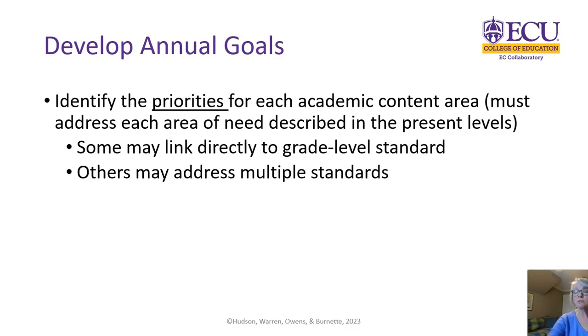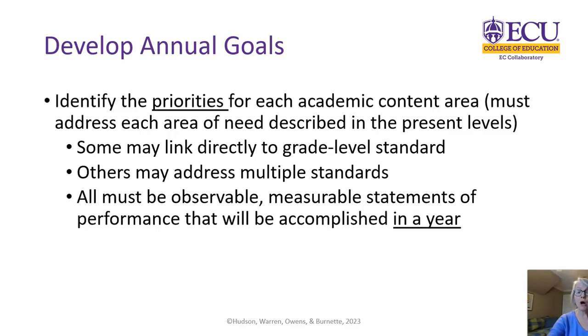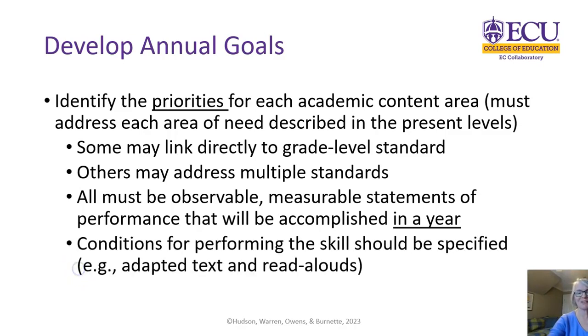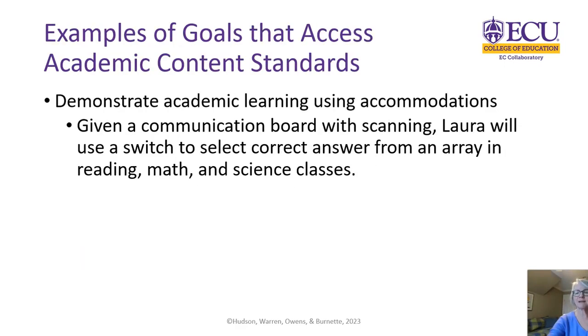Others may address multiple standards. All of your annual goals must be observable and measurable statements of performance that can be accomplished in a year. All right, and then the conditions for performing the skill should also be specified, such as adapted text or read-alouds if they are needed in the annual goal.